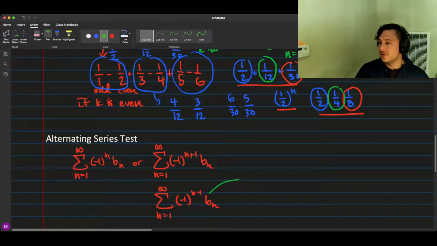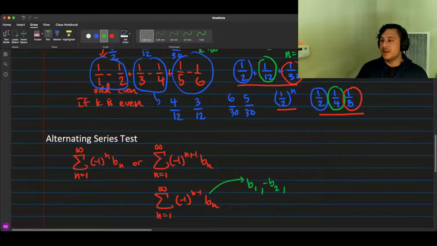If you plug 1 in, 1 minus 1 is 0. Negative 1 to the 0 is 1, so you would get b1. Now when you plug in 2, 2 minus 1 is 1. Negative 1 to the 1 is negative, so you get minus b2.